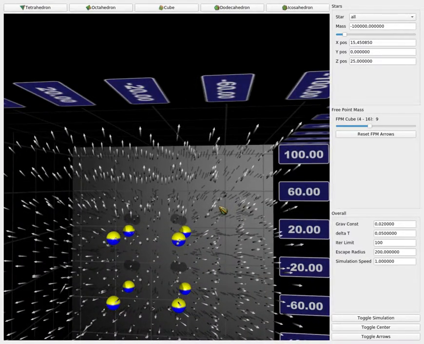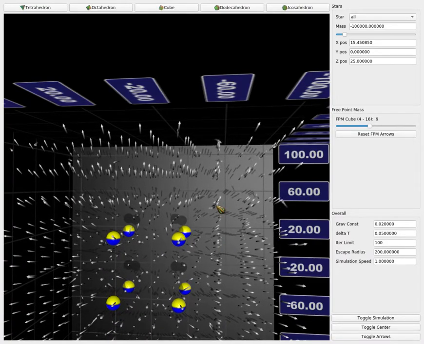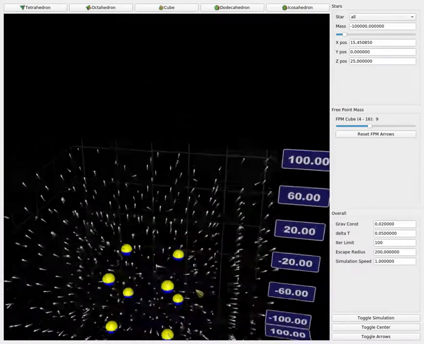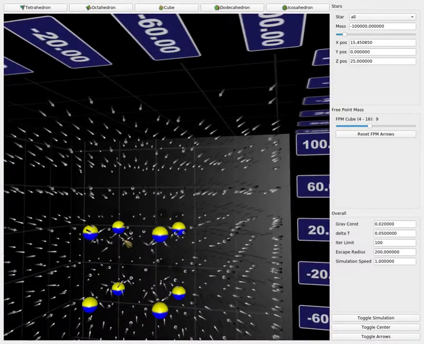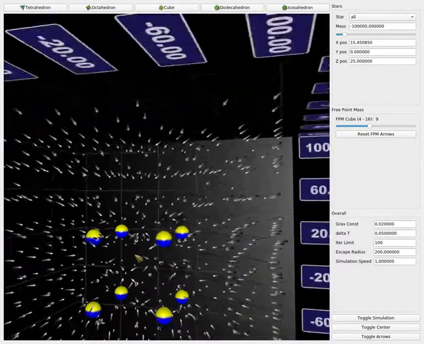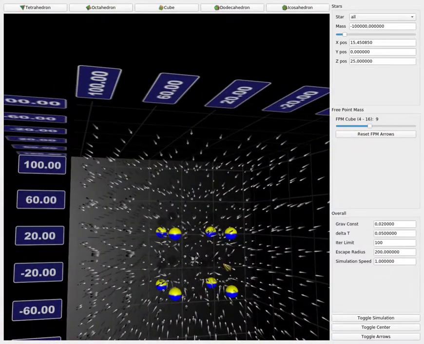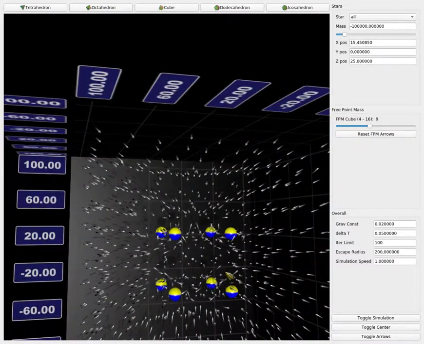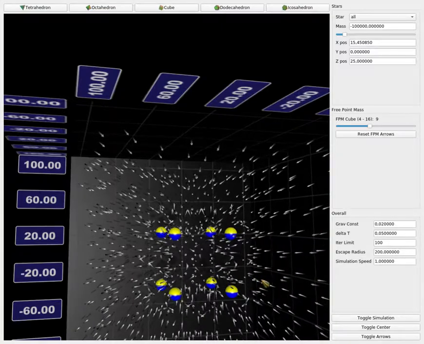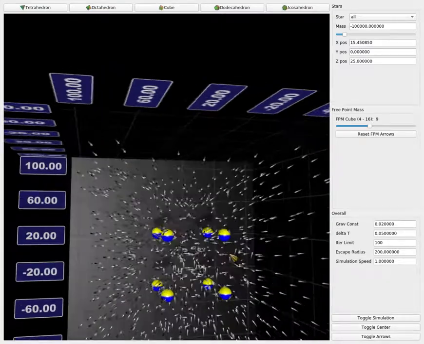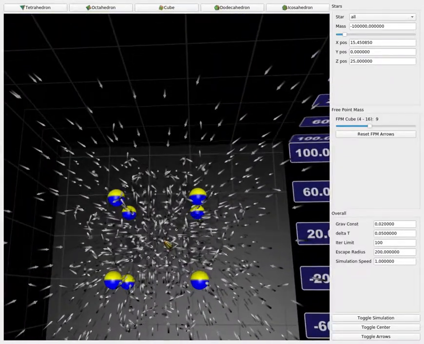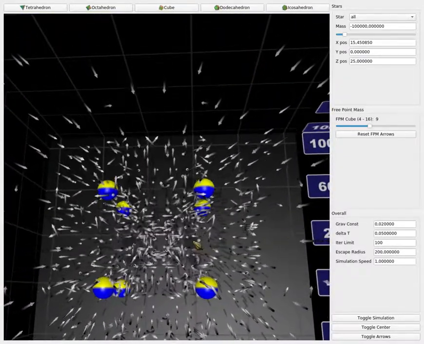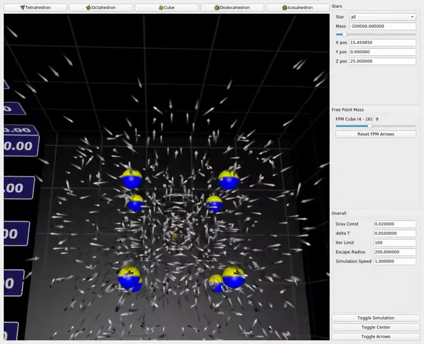It's not perfect, because errors have built up in the system, but that's okay. And then they reverse, and they're going in again. So you can see with this system that anything is possible.